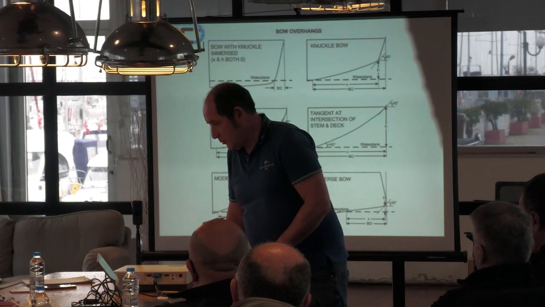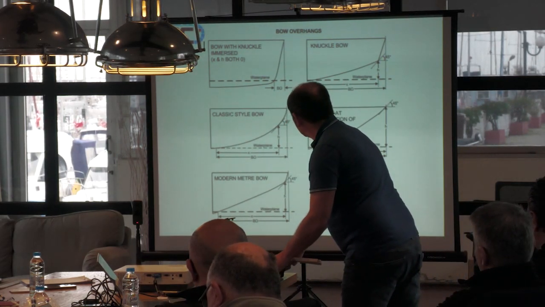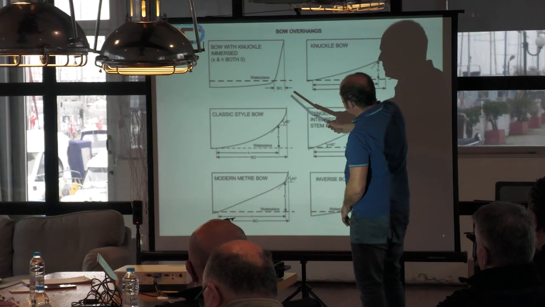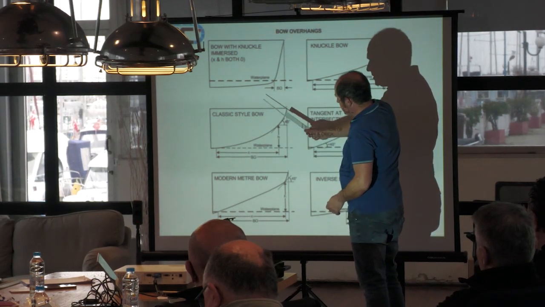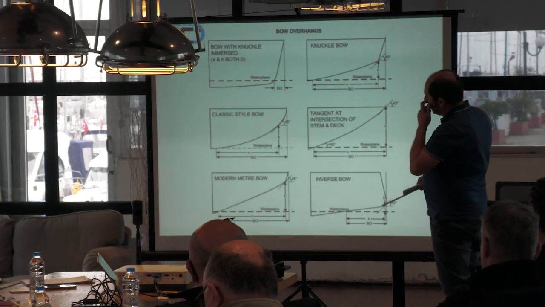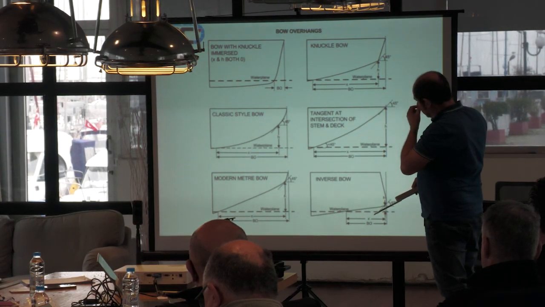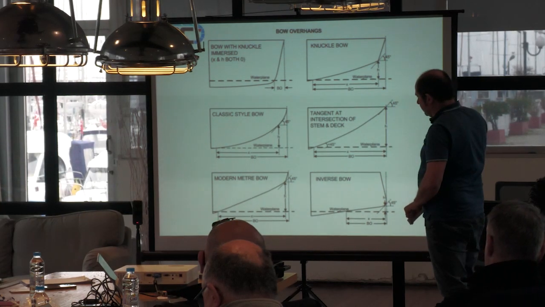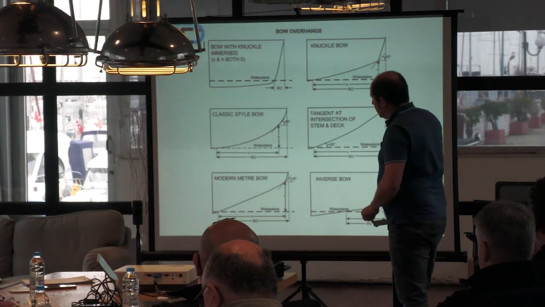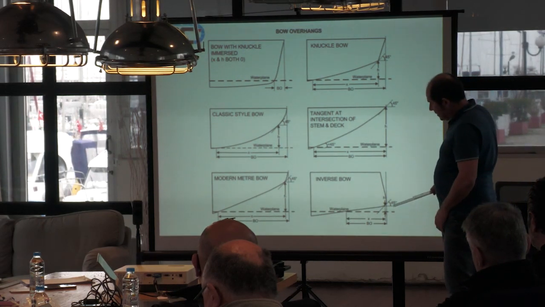Of course, you have different shapes of hull. Here we have the natural inverse, which is the most simple situation because we have just BO to measure. And after that, depending on the hull shape, the bow knuckle is at different points. You may have a modern inverse bow like this.